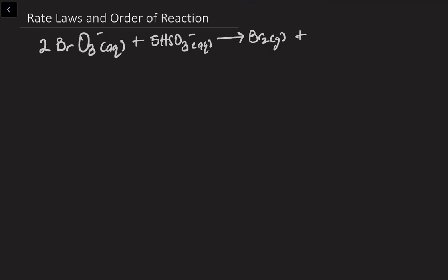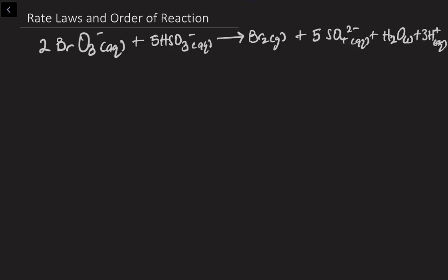In this equation here, you have bromine gas, you have sulfate ion, you have water, you have proton in solution.